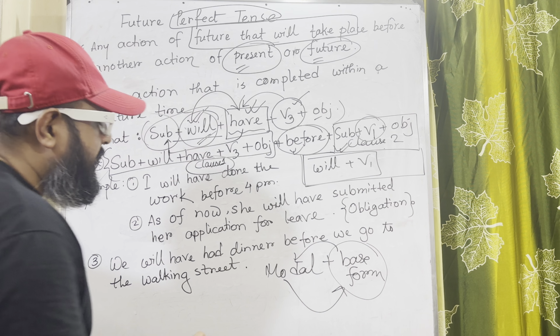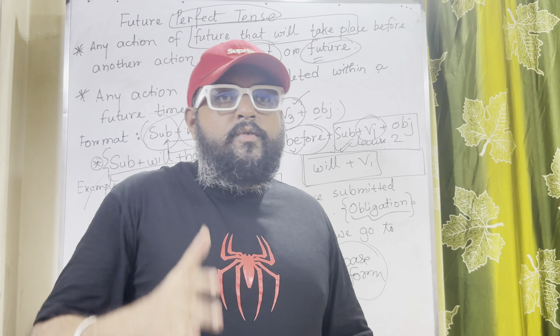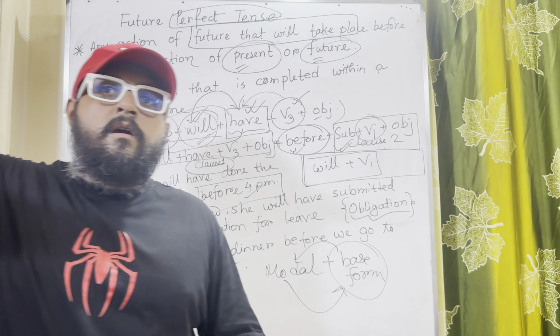The second one, a very interesting one: as of now, that means till now. As of now, she will have submitted her application for leave. Often in institutions we have some obligations, like you were on leave, but after joining you need to produce an application before your manager or HR manager, and there is a time frame within which you need to submit your application for leave.